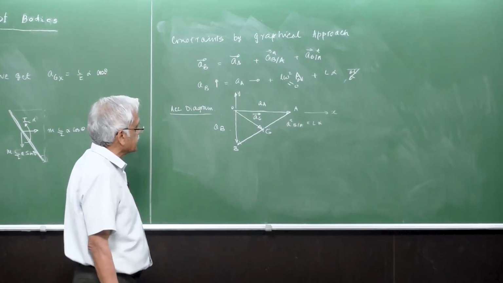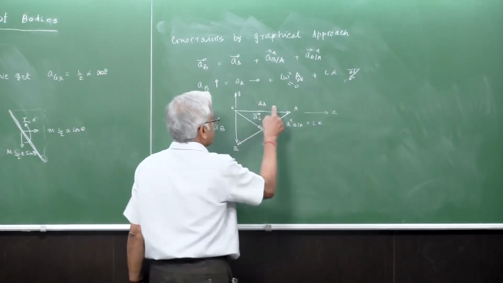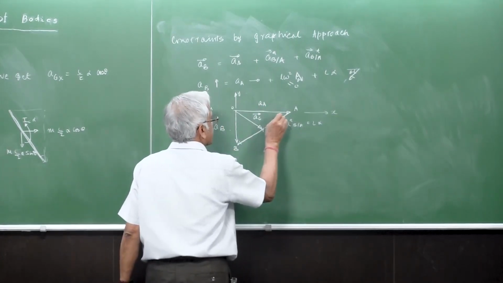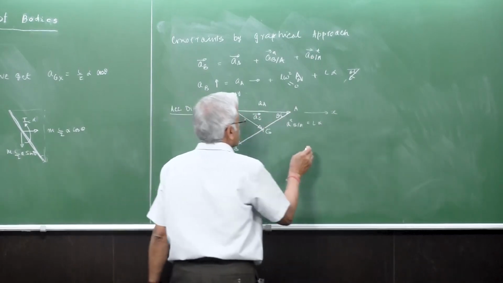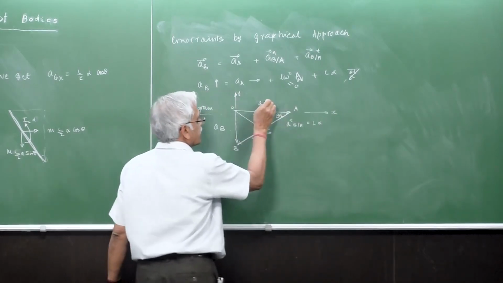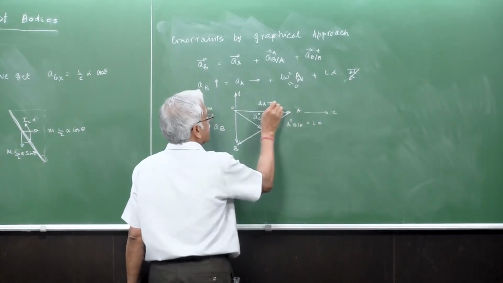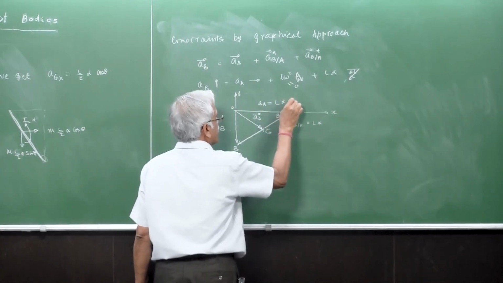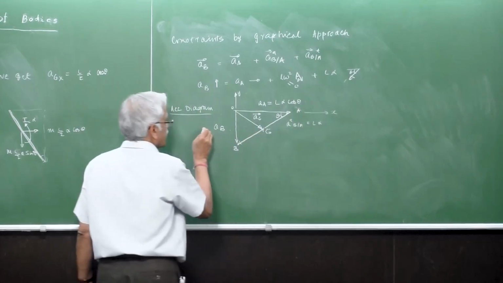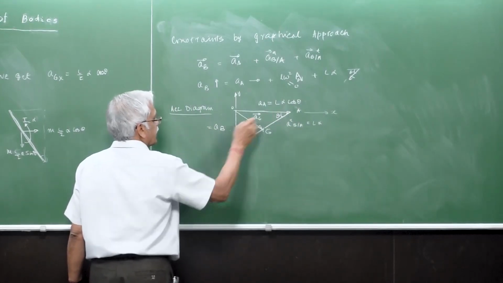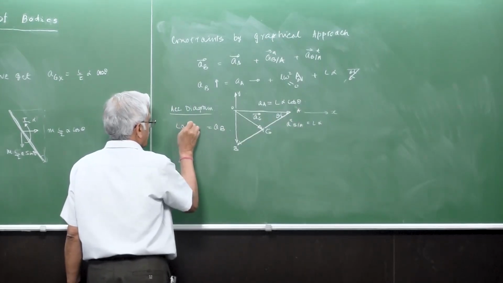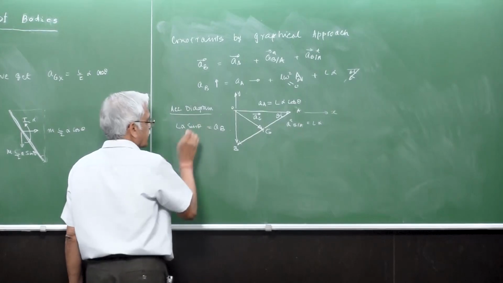If acceleration of A is like this, and this is the angle theta, we know that if this is L alpha, AA can be written as L alpha cos theta and AB is L alpha sin theta, right?